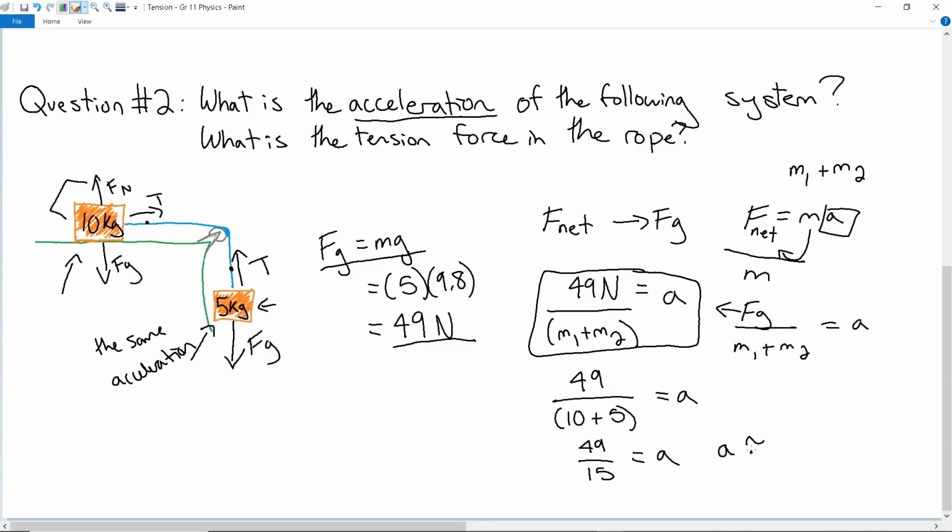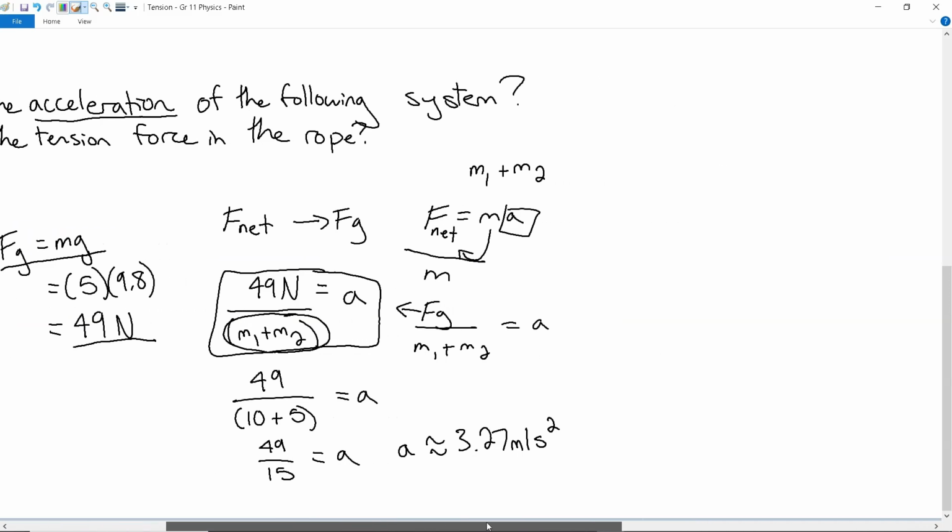And acceleration looks like somewhere around 3.27 meters per second squared. All right. So the most important part of the first part of the problem is understanding that we're using the masses together to solve for acceleration. We cannot use this mass by itself to solve. That wouldn't work.